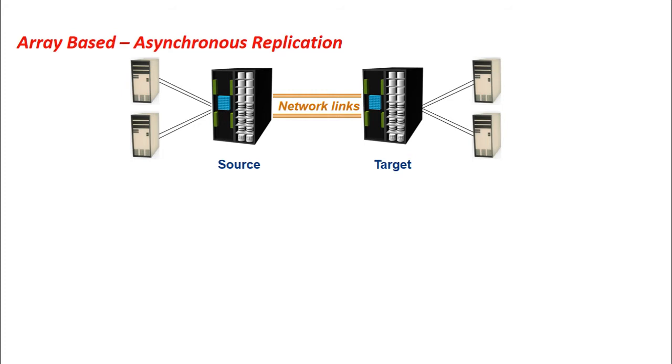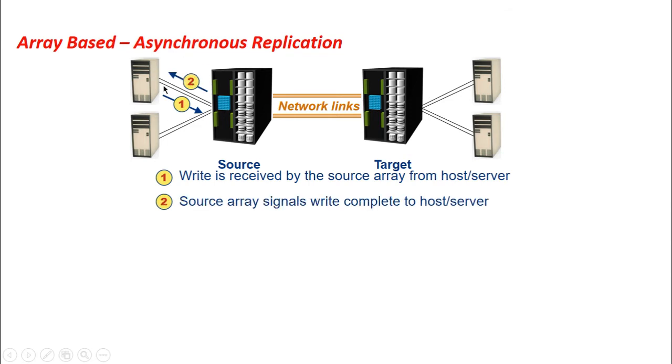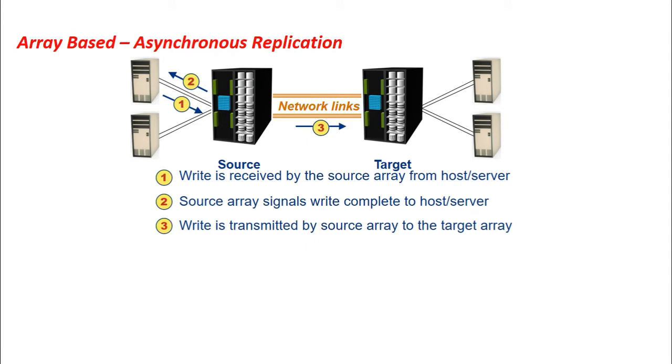So let us look at the sequence of operations here. First, the write is received by the source array from the production host or the server. Immediately the source array signals write complete to the host so that the production host can write the next data to the source. Next, the write is transmitted by the source array to the target array.